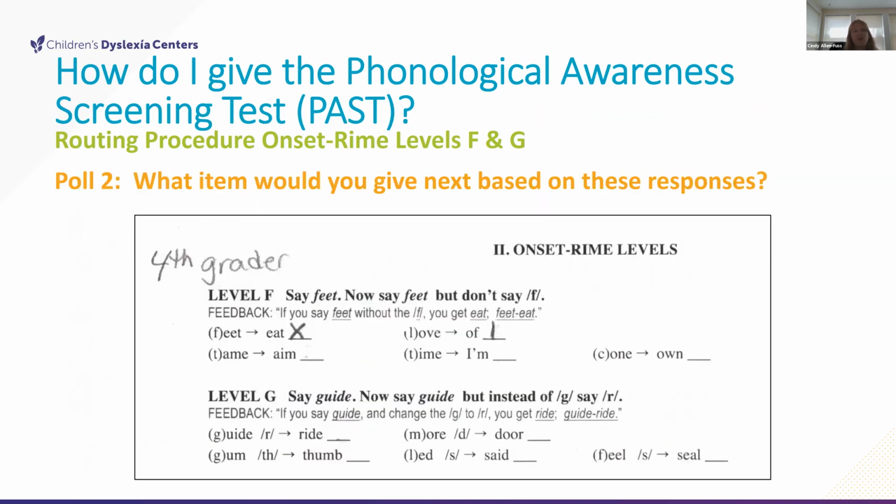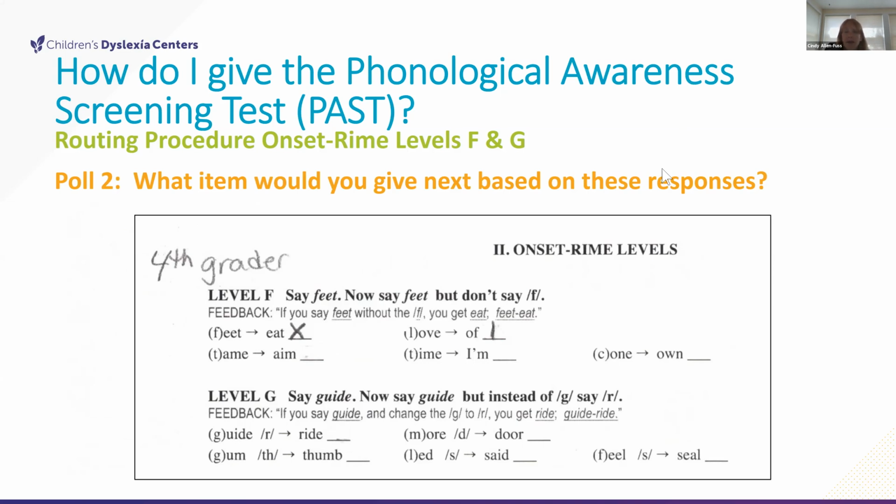Okay, here's our second poll. What item would you give next based on these responses? This is a 4th grader. I'm going to give you a minute to think about this. Which item would you give next?